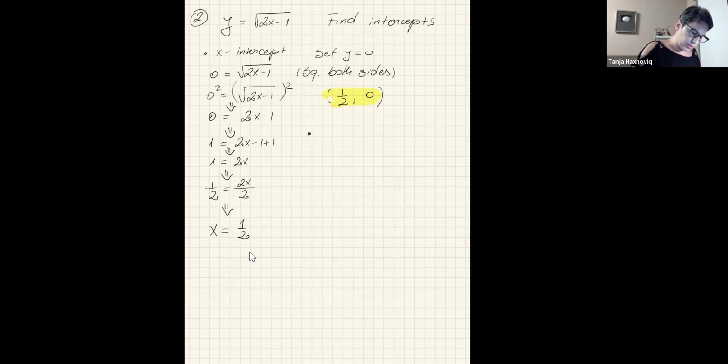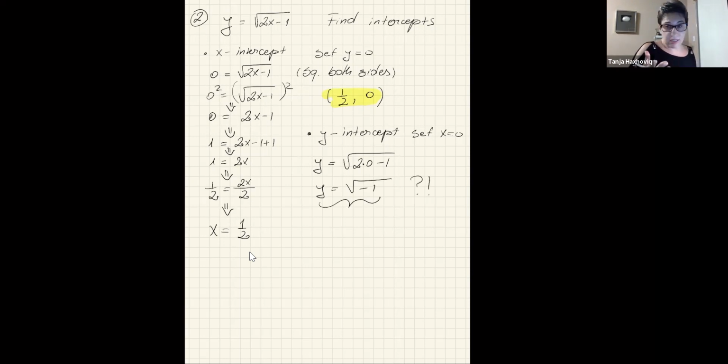Okay. For the y-intercept now, I'm going to set x to 0. When you set x to 0, you get y equals the square root of 2 times 0 minus 1. 2 times 0 is 0. So we end up with y equals the square root of minus 1. But the square root of minus 1 is not defined. It makes no sense.